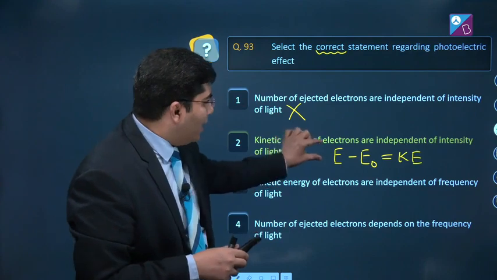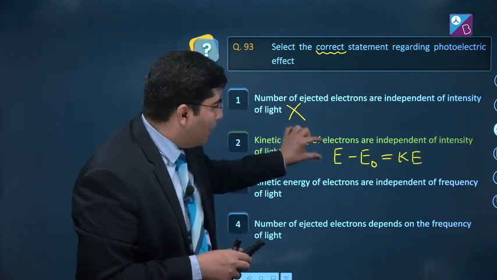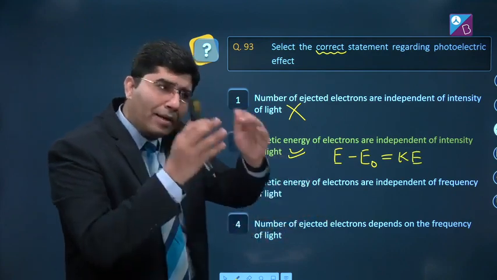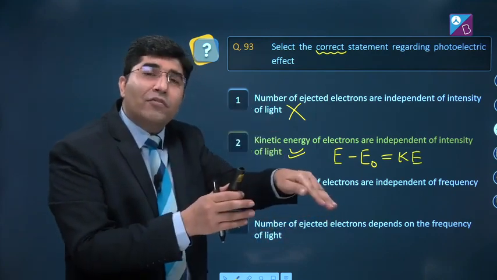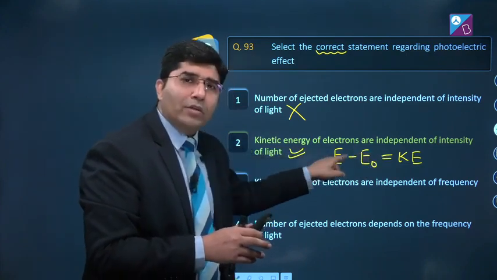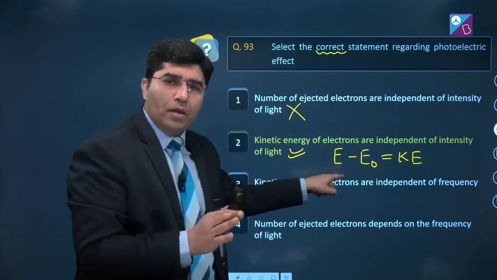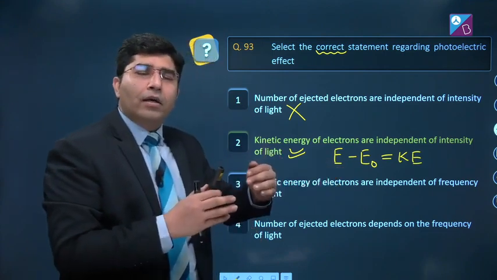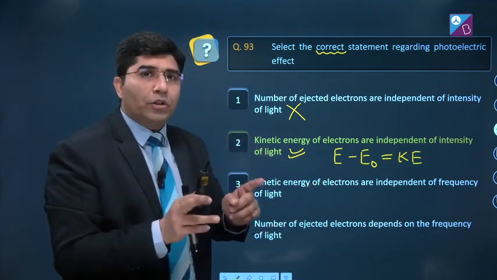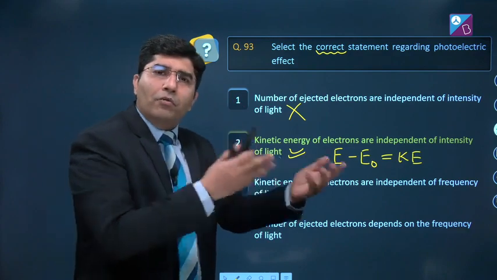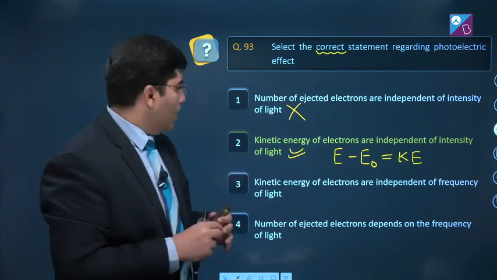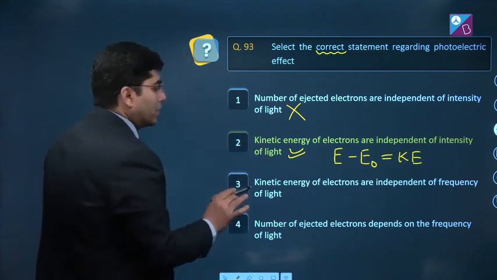If we increase this value of E, the energy of the incoming radiation, kinetic energy will increase, because E naught is the work function, that is constant, right? But what we are doing is increasing the number of radiations, not the energy. So if there will be more number of radiations, more electrons will come out, the kinetic energy will remain same, right? So this is the correct answer.